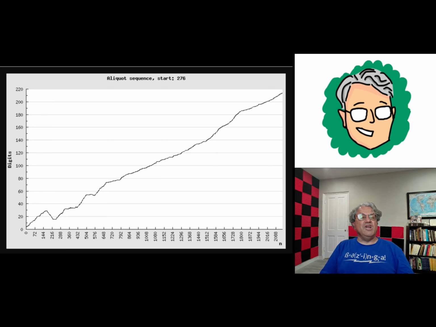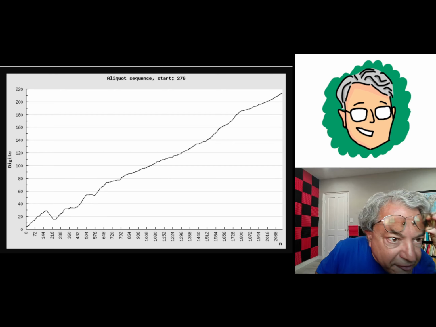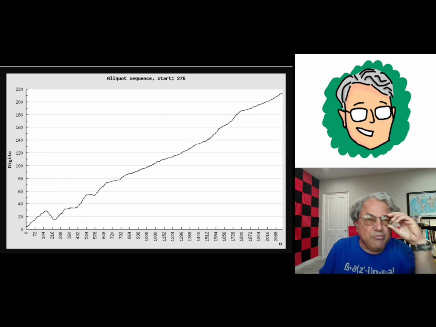And this graph is showing the first 2208 terms of the Aliquot sequence of 276, and by the 2208th term, it's already up to about 10 to the 220th power.